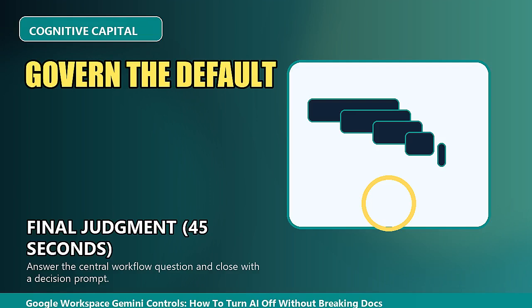Links mentioned 3. Key Terms explained 4. Practical examples 5. Watch list and risks educational content only. Not financial advice. Number Google Workspace, number Google Docs, number Gemini, number AI Workflow, number Cognitive Capital.